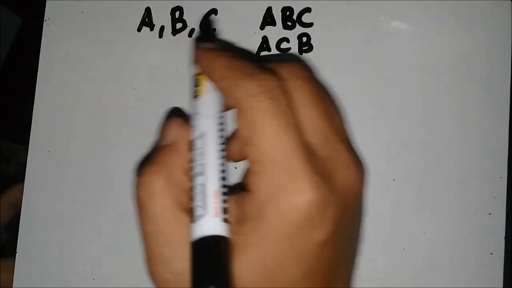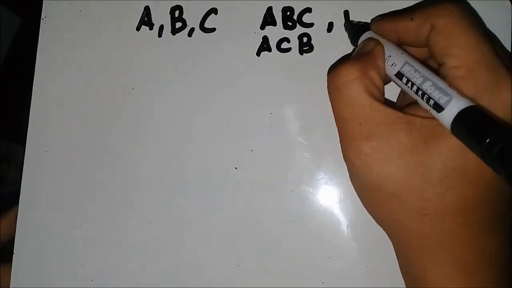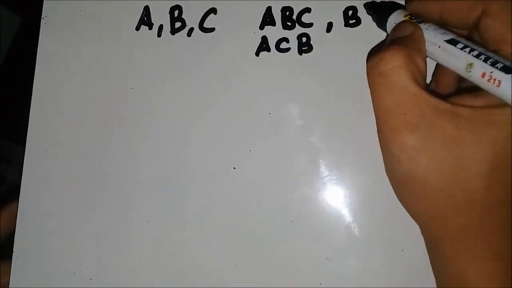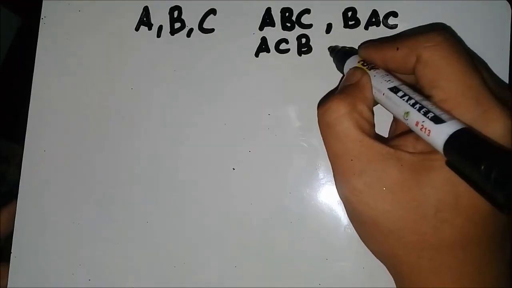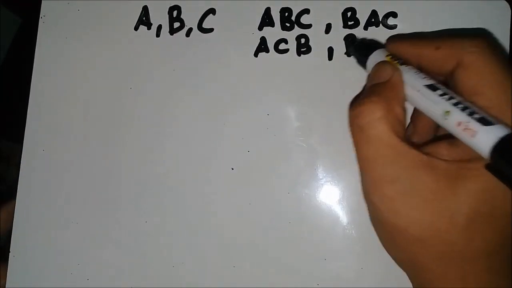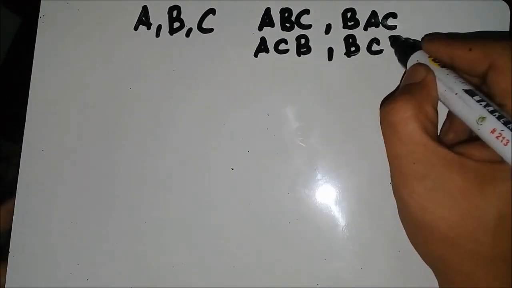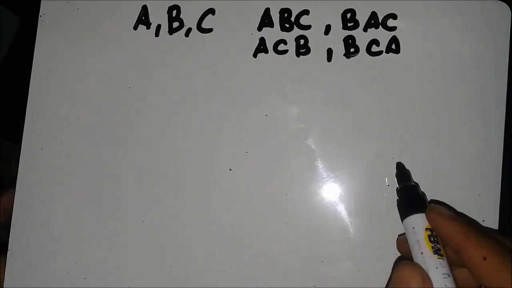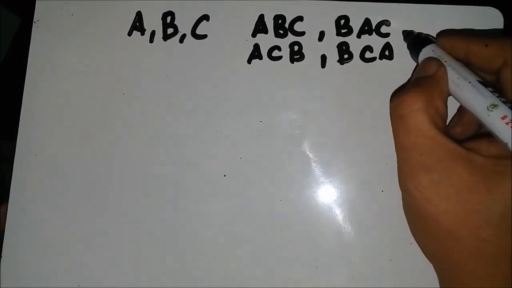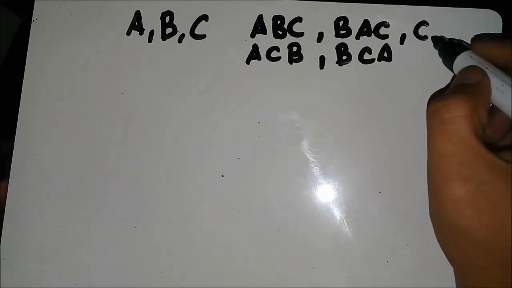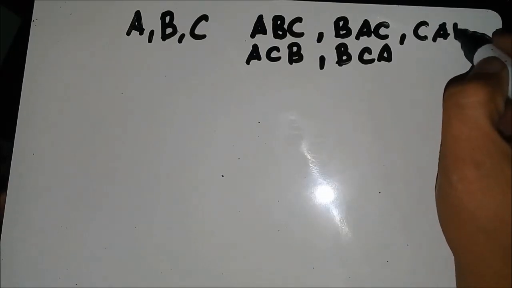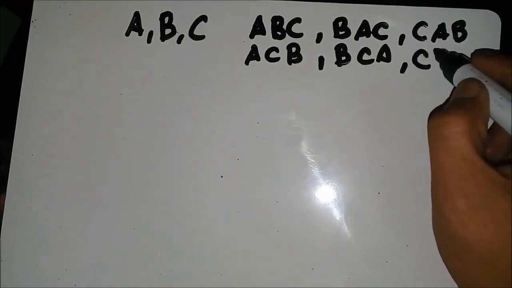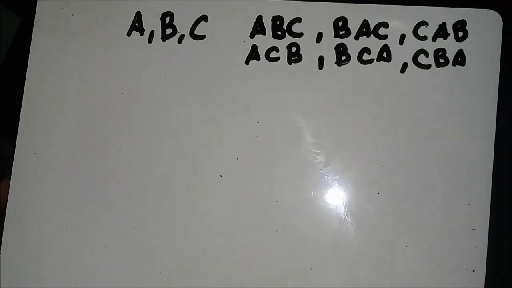If we try to put B first, we have B, A, C, and then we have B, C, A. If we try to put C, we have C, A, B, and we will have C, B, A. So those are the number of possibilities.